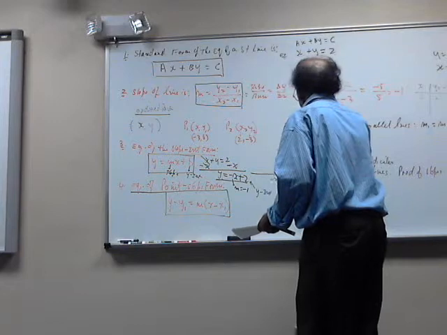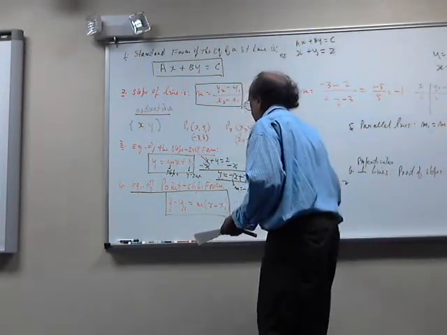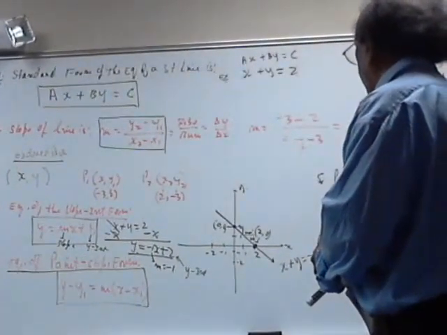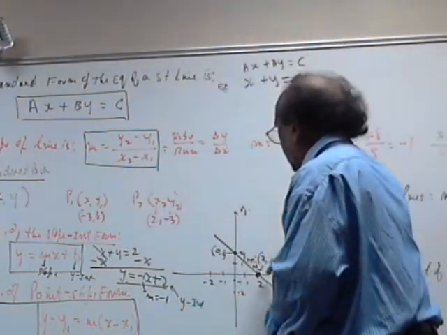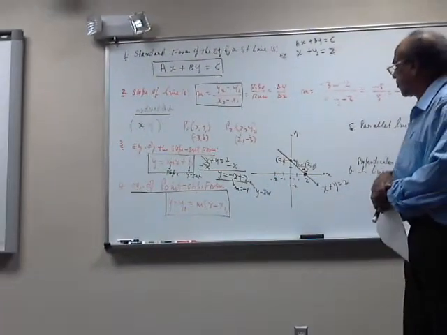If we choose a point on the line here, we can transform that into its point-slope form. Or in fact, we can find another equation parallel to this one using this equation here, the point-slope form.